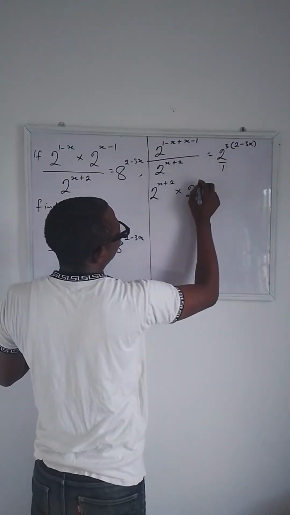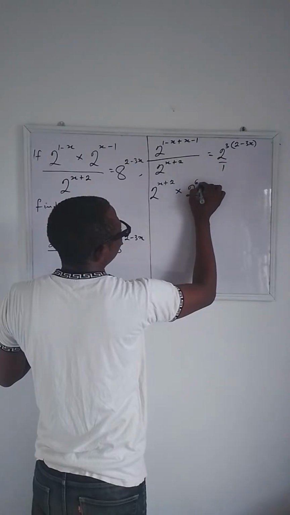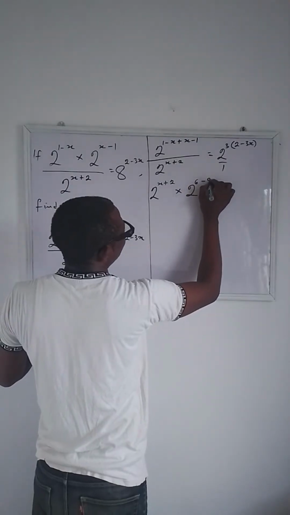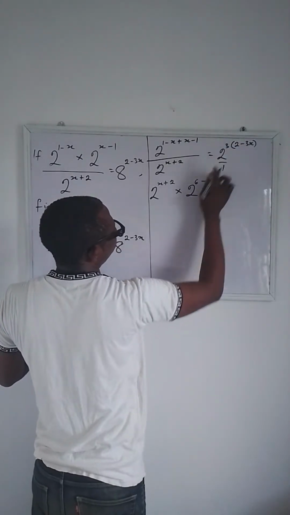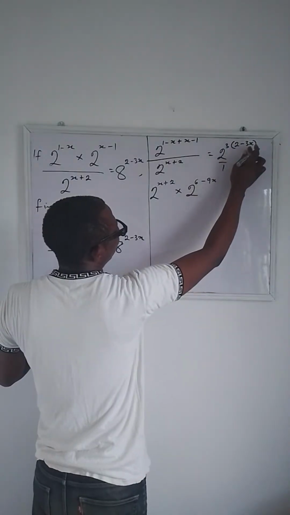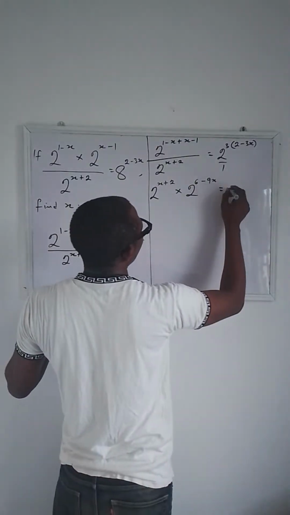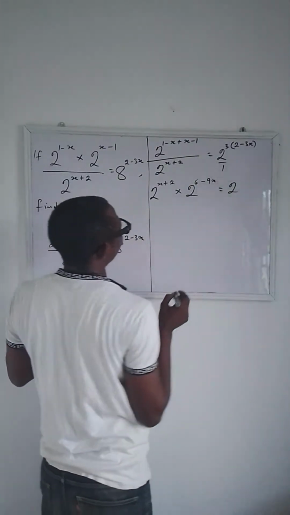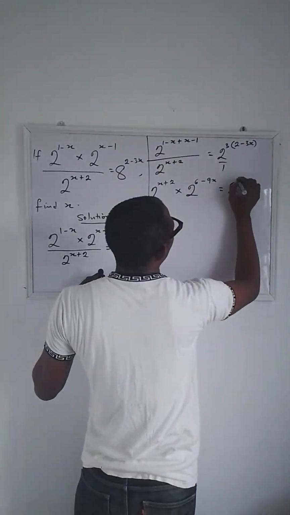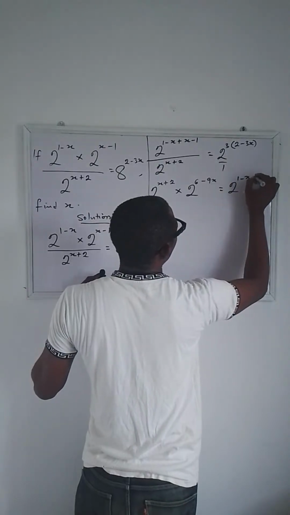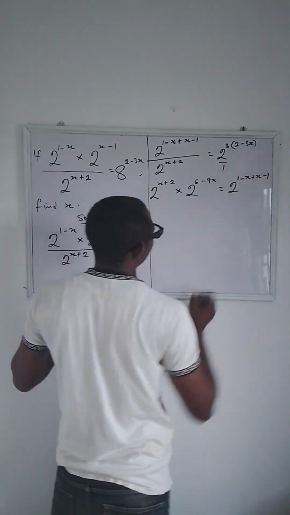I can open this bracket to have 6 minus 9x. 3 times 2 is 6, 3 times minus 3x is minus 9x, equals to 2 raised to the power of 1 minus x plus x minus 1.